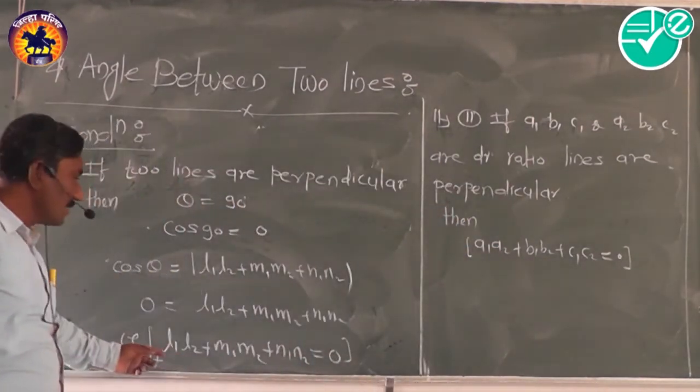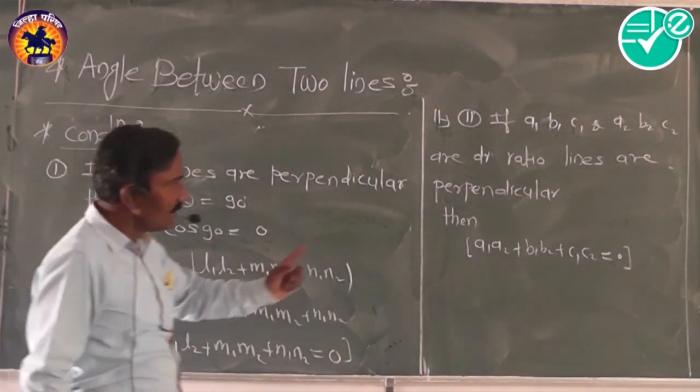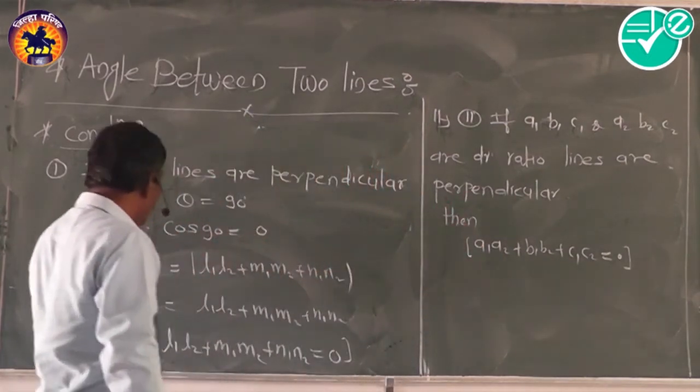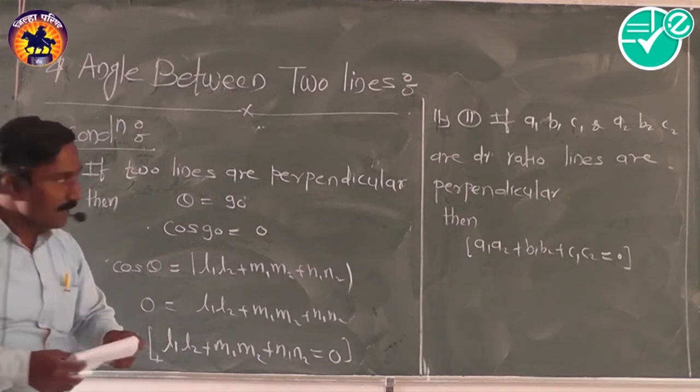So this is the condition for direction cosines, and this is the condition for direction ratios if the two lines are perpendicular to each other.